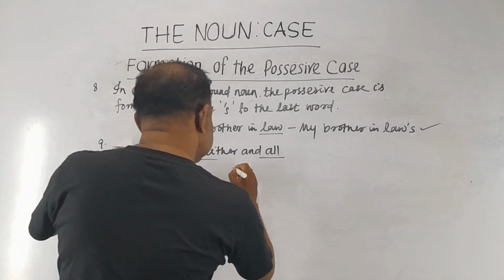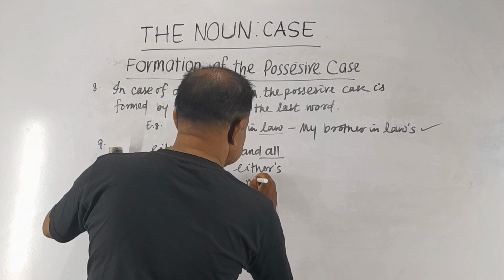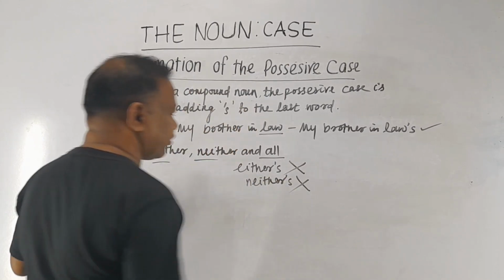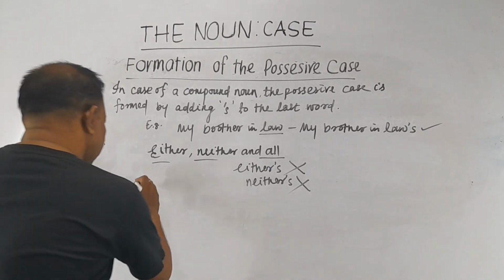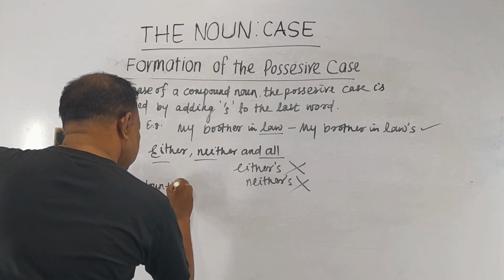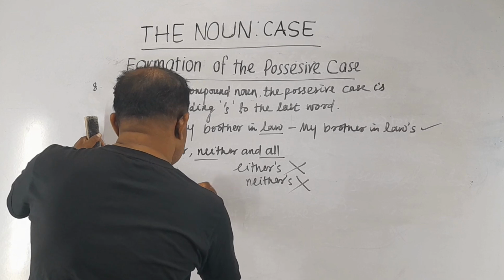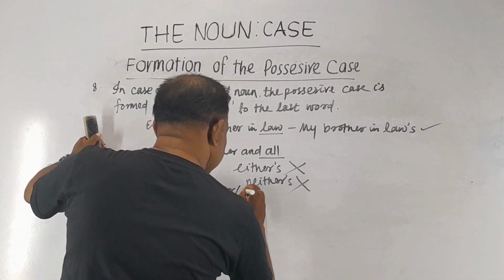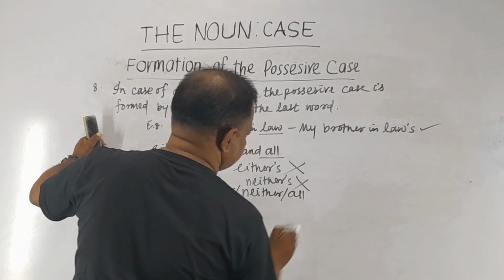That means if you write either's, neither's, these are incorrect. Here you have to add of. That means noun plus of plus either or neither or all. Okay.